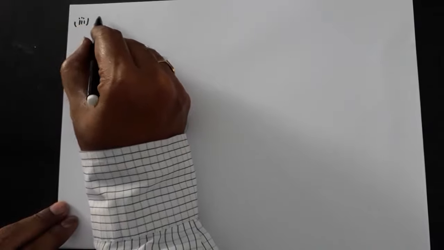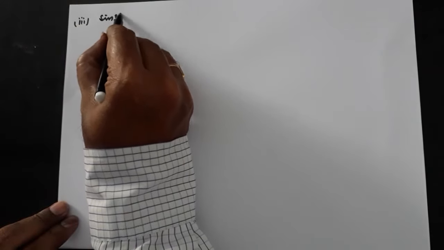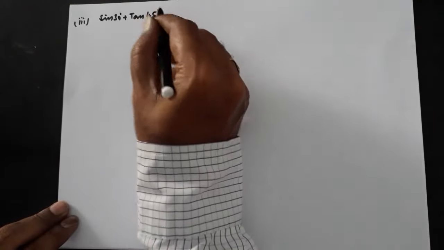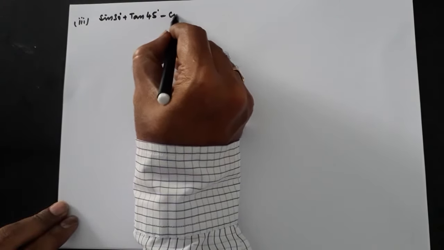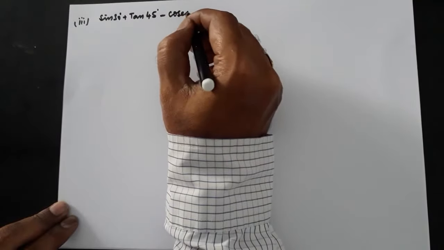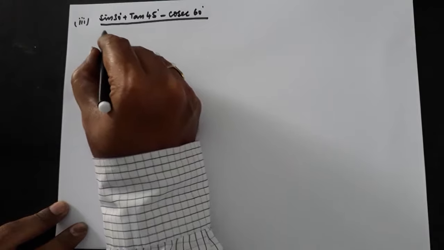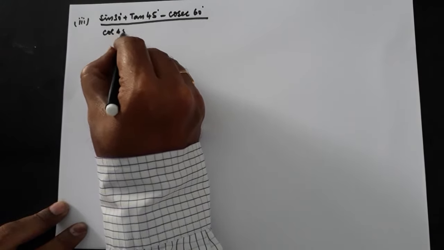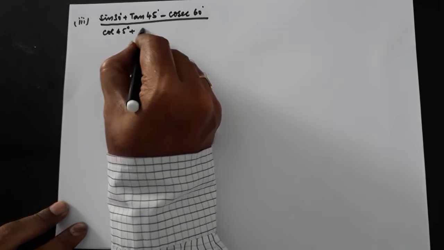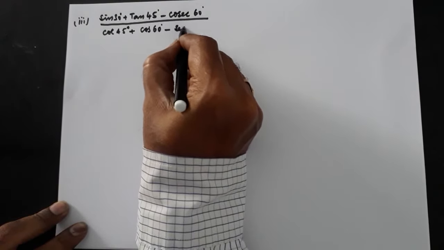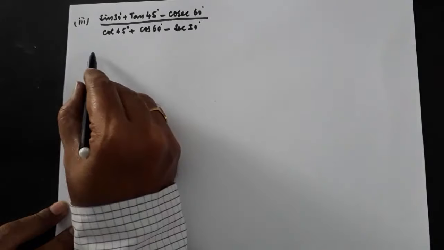So coming to the third one: sine 30 plus tan 45 degrees minus cosec 60 degrees, divided by cot 45 degrees plus cos 60 degrees minus sec 30 degrees. Okay, right.